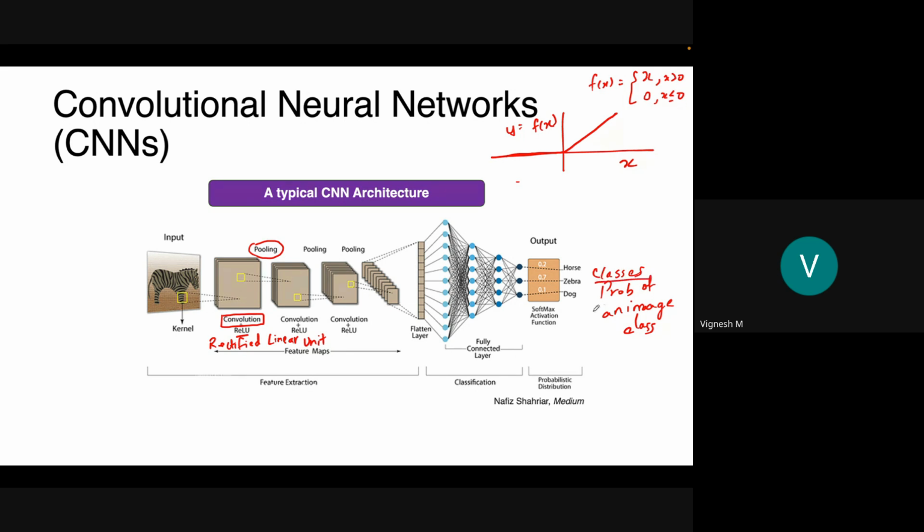So you have your classes, and then it predicts the probability. Typically, we use a softmax activation function. We'll look at each of these components individually so that you are able to understand everything and then piece them together as a whole. All right.